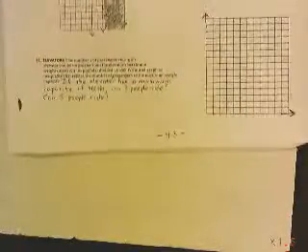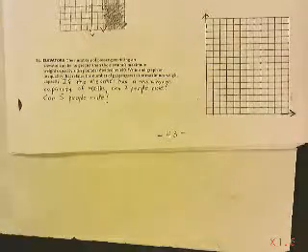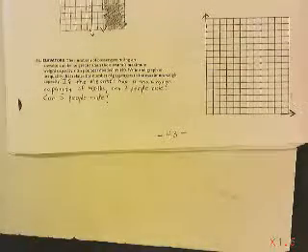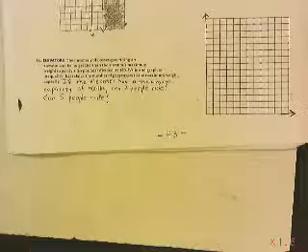Now, let's look at this elevator problem. And this says the number y of passengers riding an elevator can be no greater than the elevator's maximum weight capacity x in pounds divided by 150.